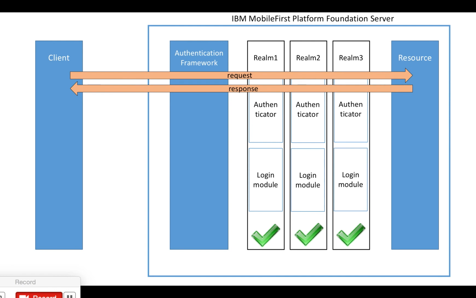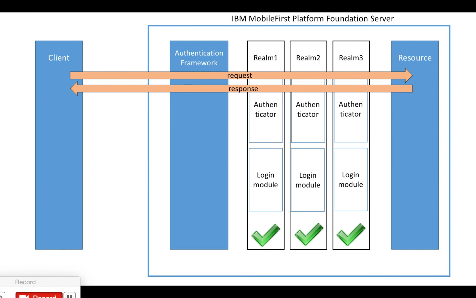So this is, in a nutshell, what the MobileFirst authentication framework can do for you. You can protect your resources with multiple realms, and if you're using the Worklight authentication protocol, you don't have to authenticate in those realms one by one. If the authentication framework sees that your resource is protected by several realms, it can send all the challenges to the client in one response.